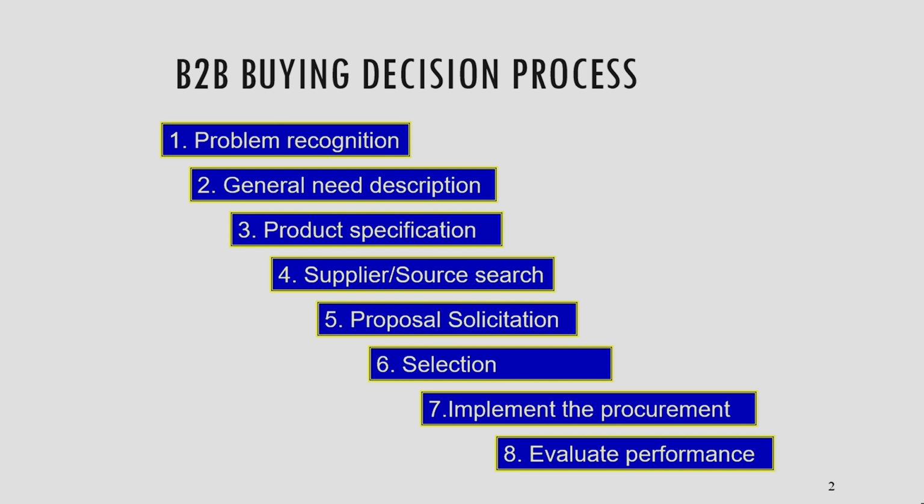And then, based on the general need description and the specific product characteristics, the search for supplier sources will start. Then there is a process of proposal solicitation. From the chosen group of suppliers, bids are invited.